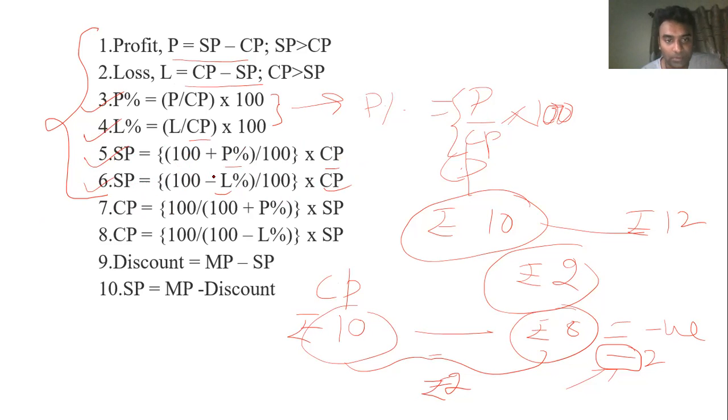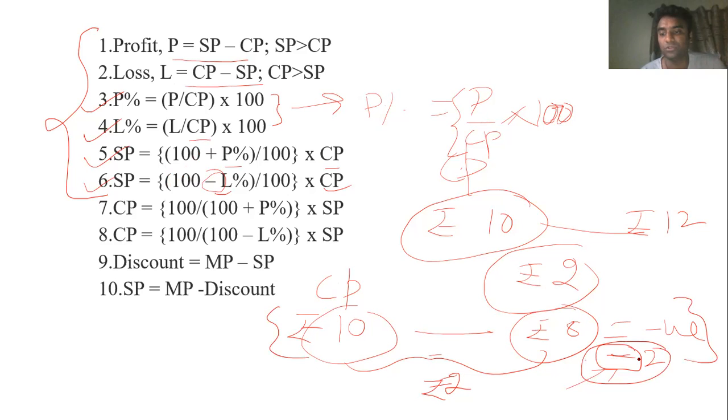Now see, we represent loss by minus sign, correct? So whatever loss we incurred, if it is negative, then you put the value, like in this example the loss is minus 2, right? So you directly put this value, there is no harm.